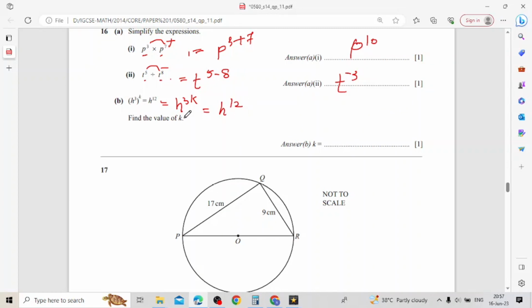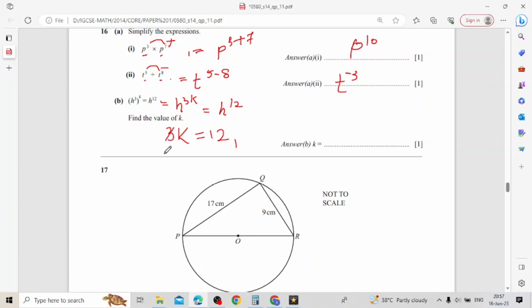Now, when two bases are equal, the exponents are also equal. So that 3K is equal to 12. And how do we solve this?